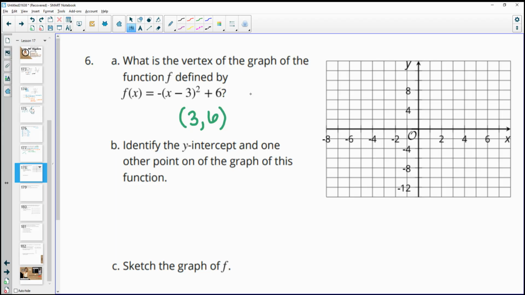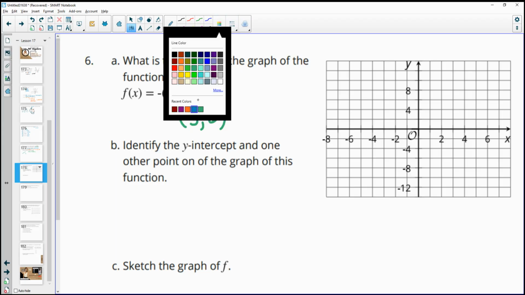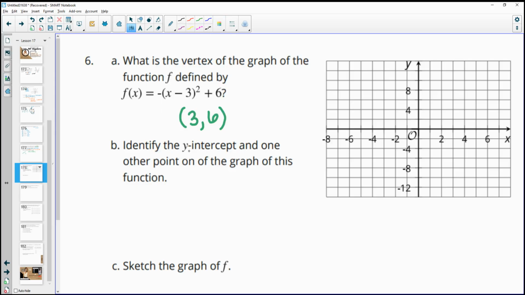Then it says identify the y-intercept and one of the other points. So the y-intercept, remember, is when x equals 0. So we can just plug in x equals 0 into this function to figure out the y-intercept. So we would do 0 minus 3 squared plus 6.